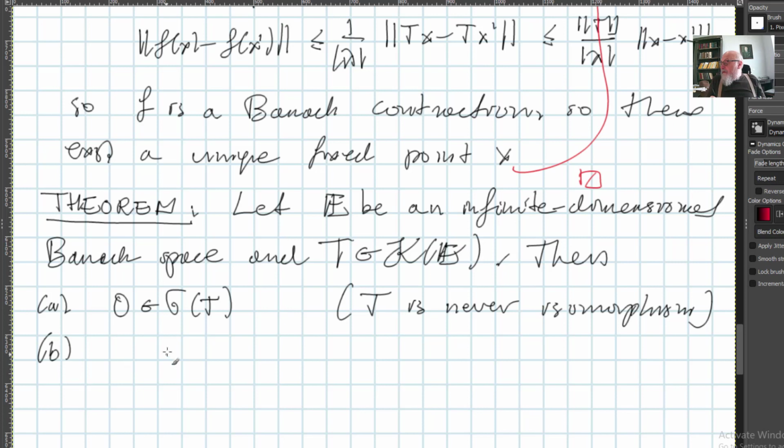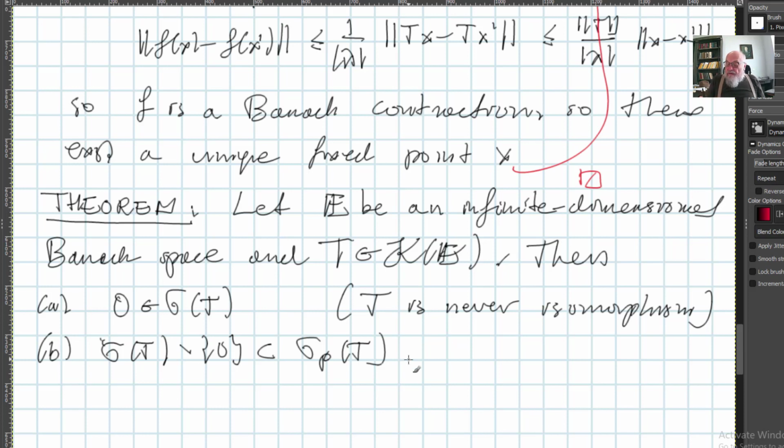And then you have B. B is like this. Sigma of T minus 0 is contained in the point spectrum.